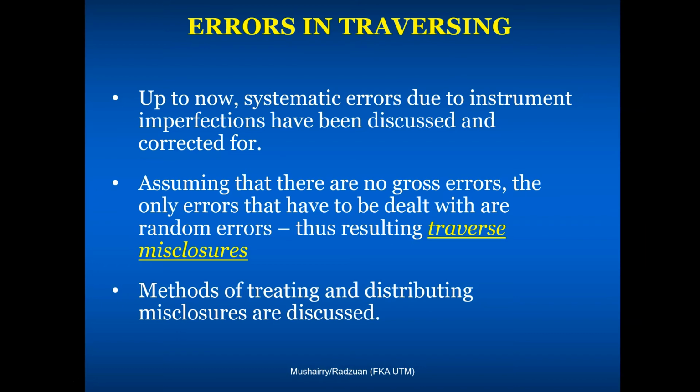This random error will result in what we call traverse misclosures. Bound to be error, and normally they are quite small, and we can do something about it. We're going to look at the procedures and methods of how to treat these errors and how to distribute them, similar to what we did in leveling. Distribution of random errors.